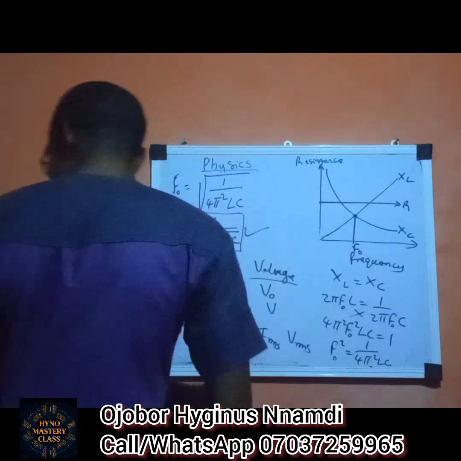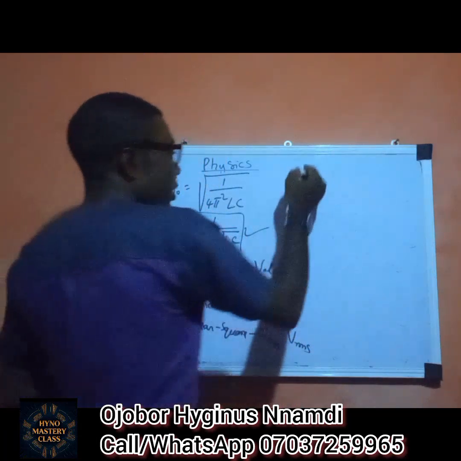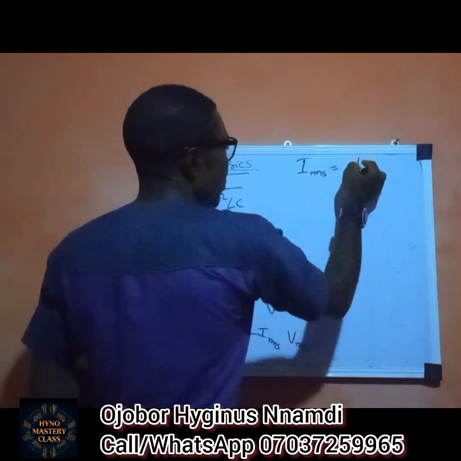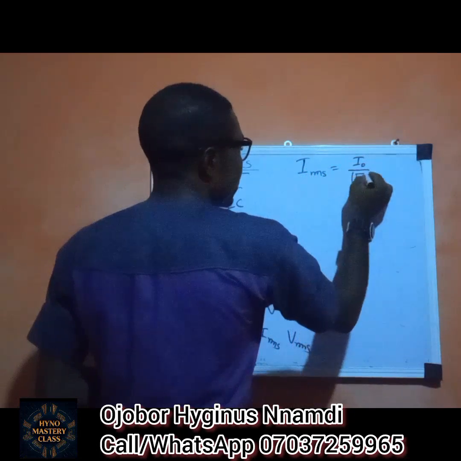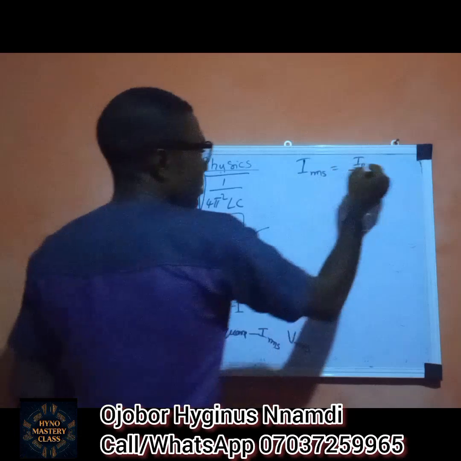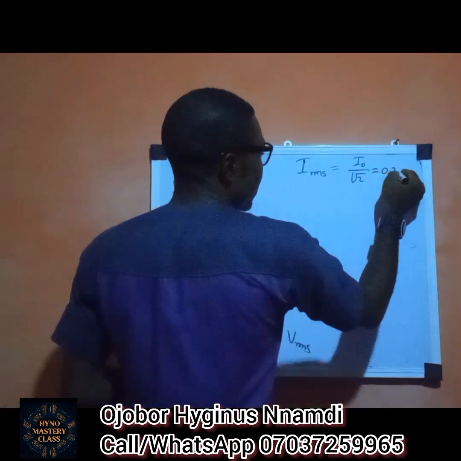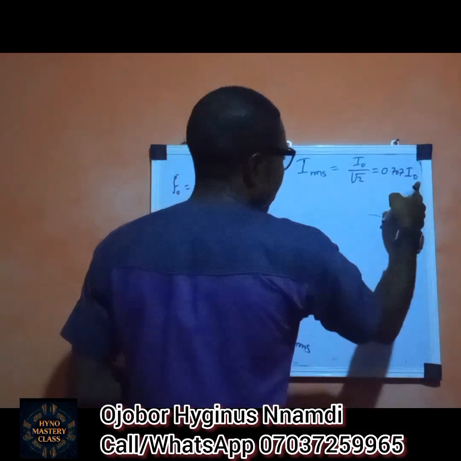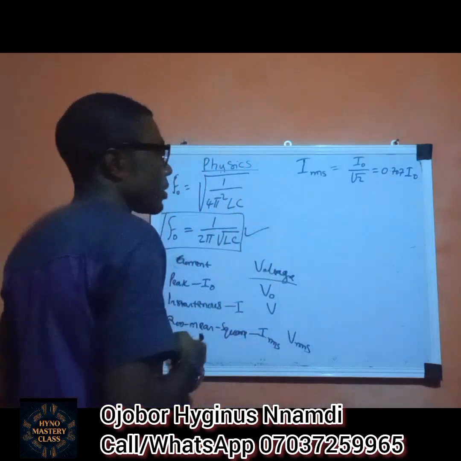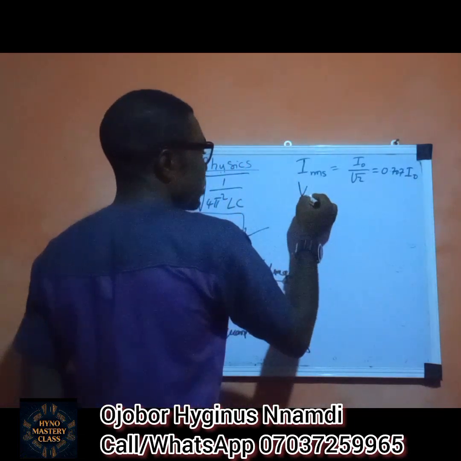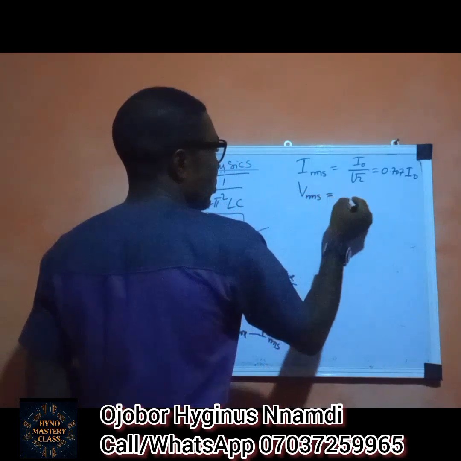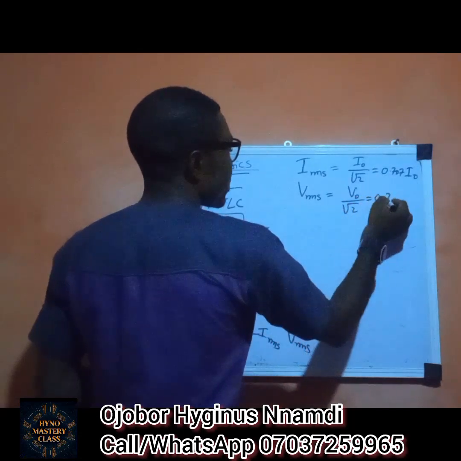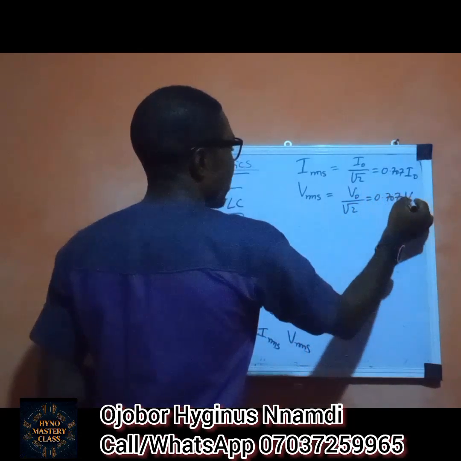How are they related? The root mean square current, that is RMS current, is equal to peak current all over root 2, which can be written as 0.707 I naught. So the root mean square current is equal to 0.707 peak current. The same thing applies to voltage. The root mean square voltage is equal to peak voltage all over root 2, which is also equal to 0.707 V naught.